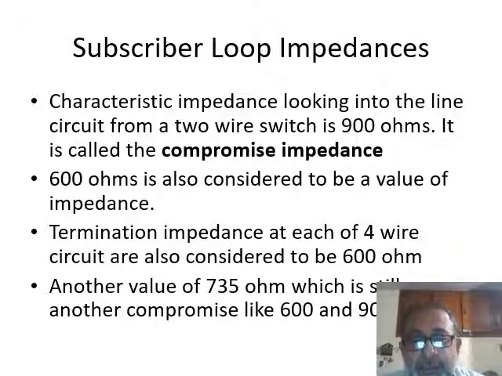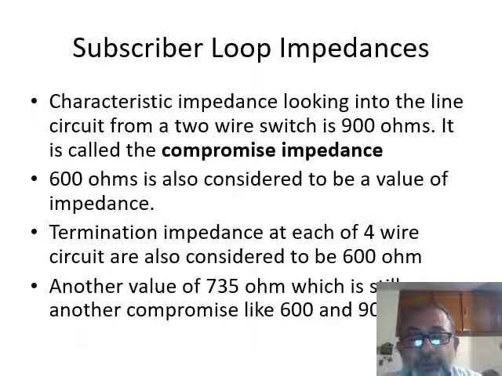The termination impedance at each of the 4-wire circuit are also considered to be 600 ohms. Now we'll also talk about the 4-wire circuit and the 2-wire circuit and the conversion in between, or the hybrid transformer that converts a 4-wire system into 2-wire and a 2-wire into 4-wire.